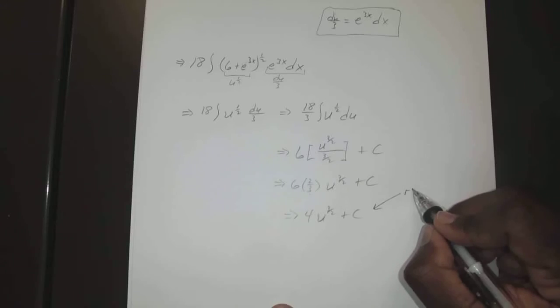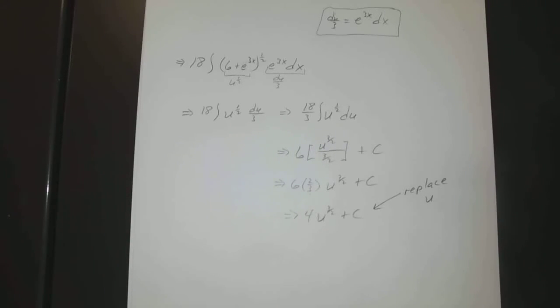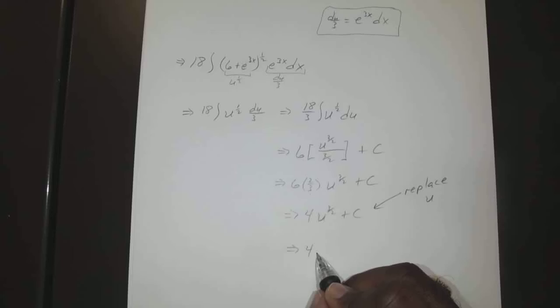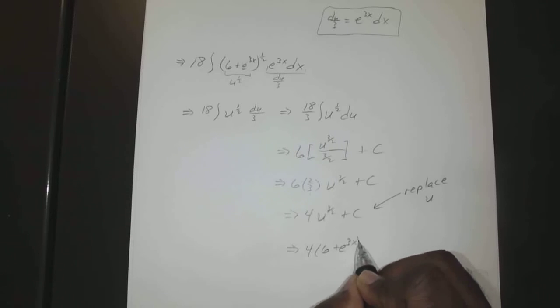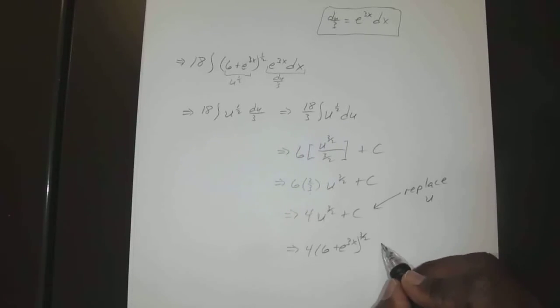And all we have to do now is replace the u. Okay, so that is 4 times 6 plus e to the 3x to the 3/2 power plus c.